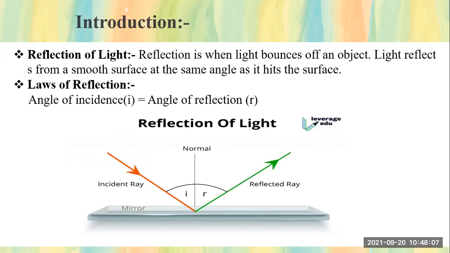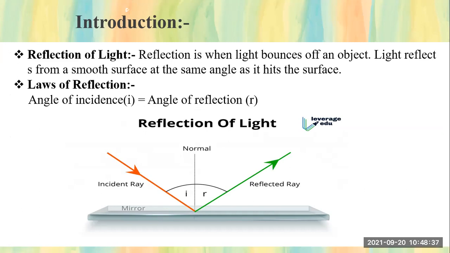Now see, students, first we'll see reflection of light. What do you mean by reflection of light? See, reflection is when light bounces off an object. Light reflects from a smooth surface at the same angle as it hits the surface. Now you will see, students, can you see a picture below?